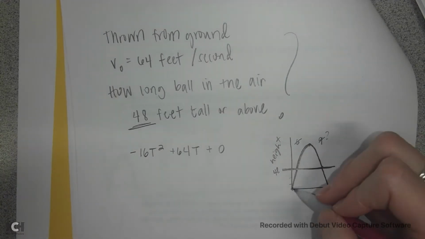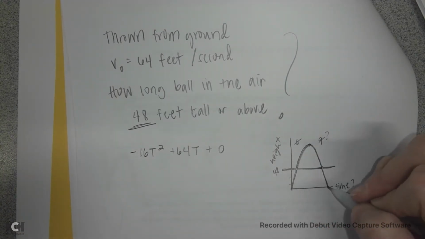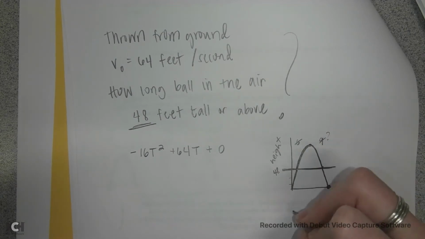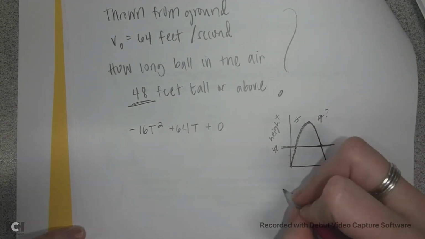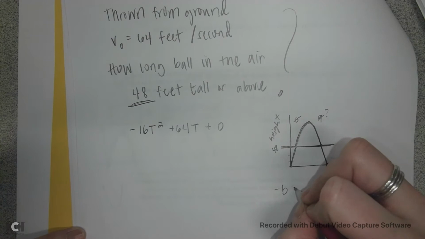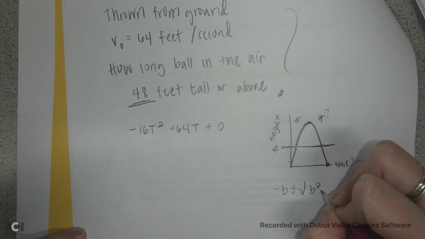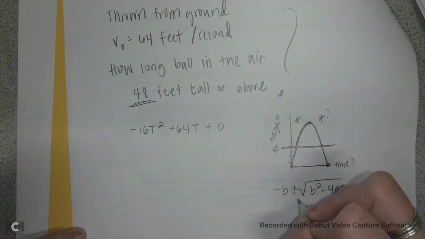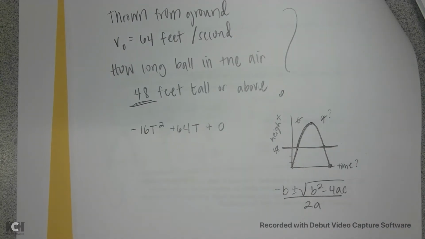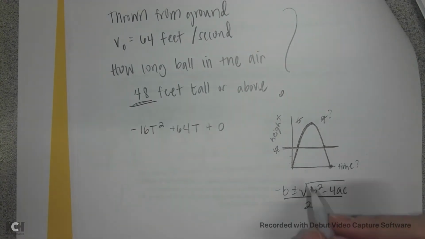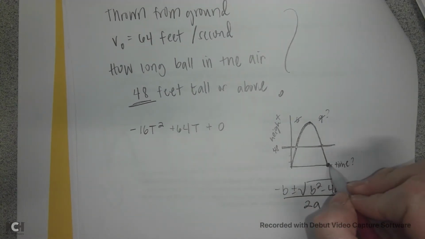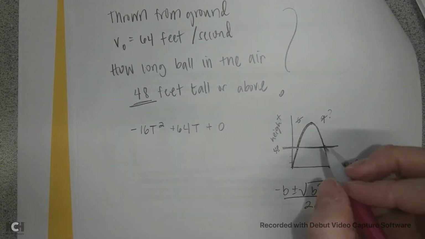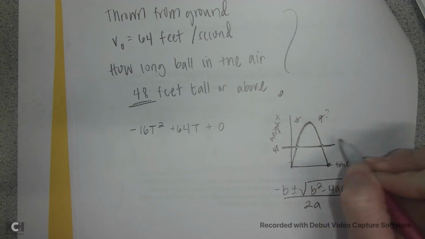If we were looking at the parabola as a whole and wanted to figure out the final time, we would use the quadratic formula: negative b plus or minus the square root of b squared minus 4ac, all over 2a. The problem is I don't want to figure out when the final time is. I want to figure out these values.